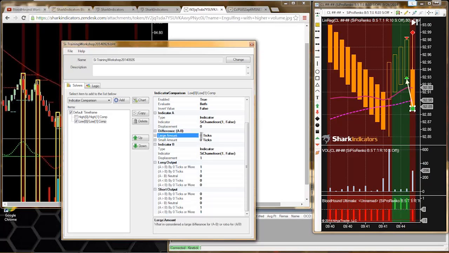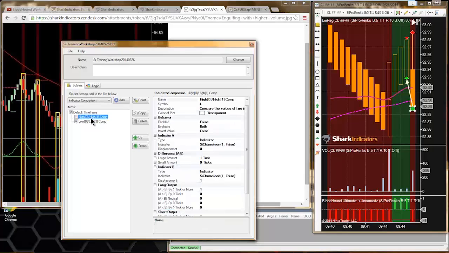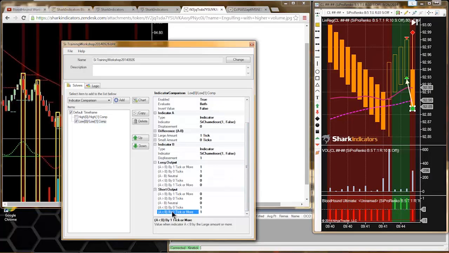And let's not forget that we need at least a 1 tick difference between the low prices, so I'm going to set that to 1. Right, and on my computer I need to click on another solver and come back, and that updates the description here, right? So we have A is less than B by 1 tick.